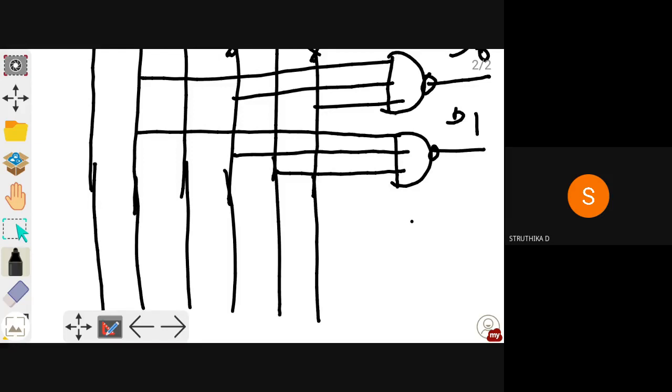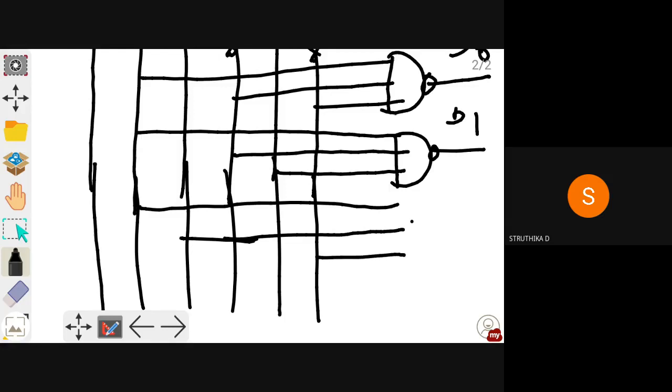Then D2 will be E bar, then X, then Y bar. So this will be D2.